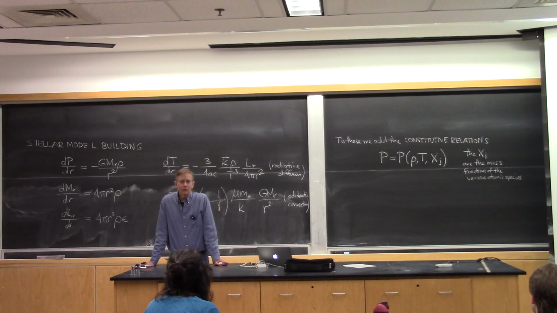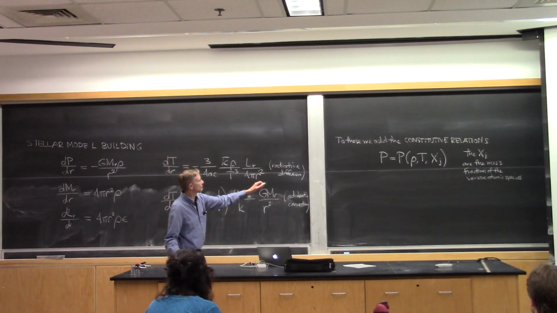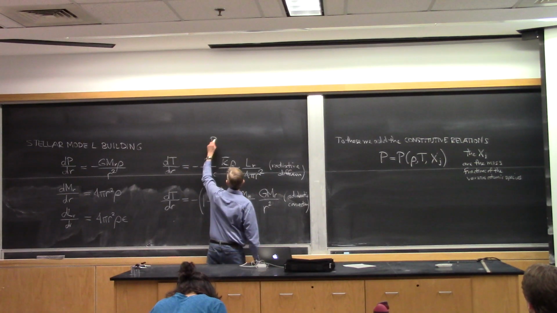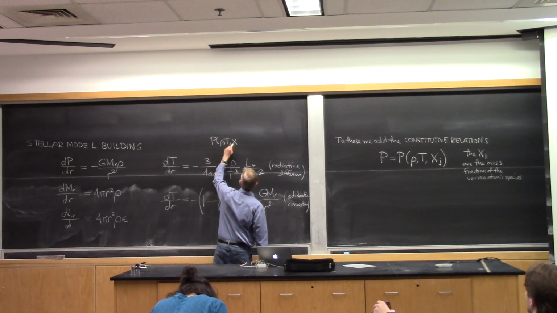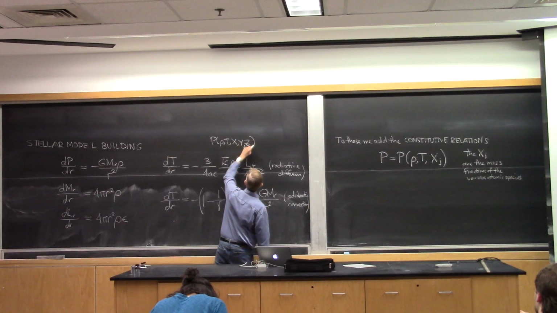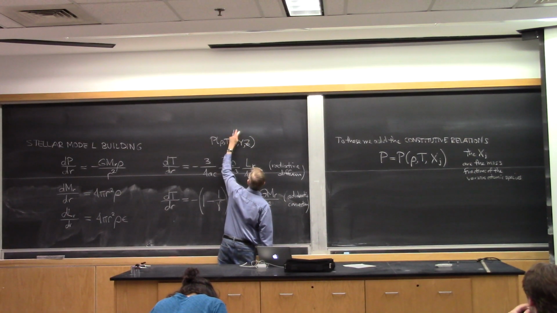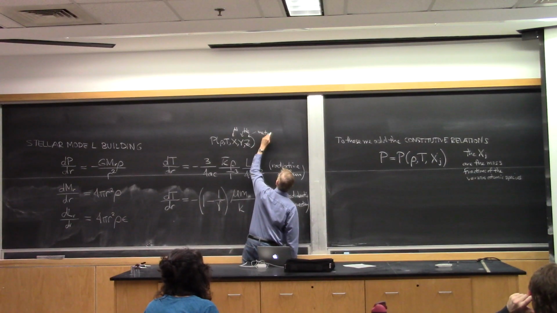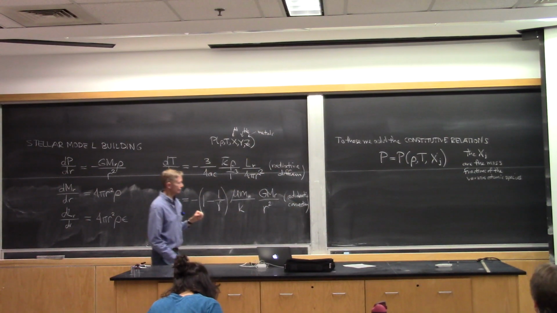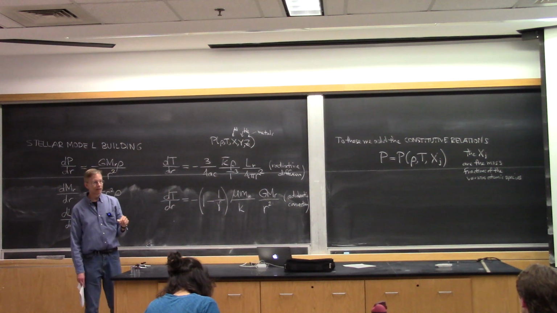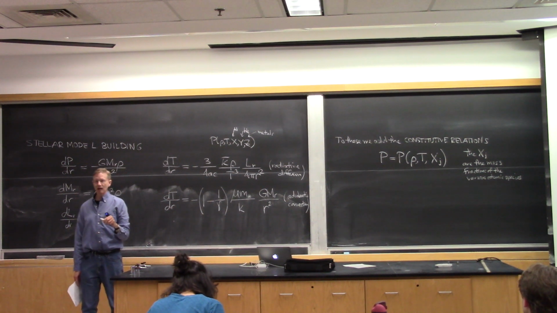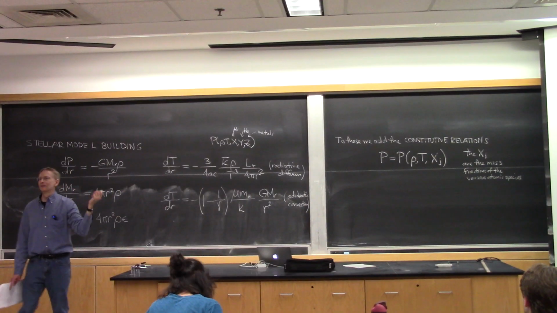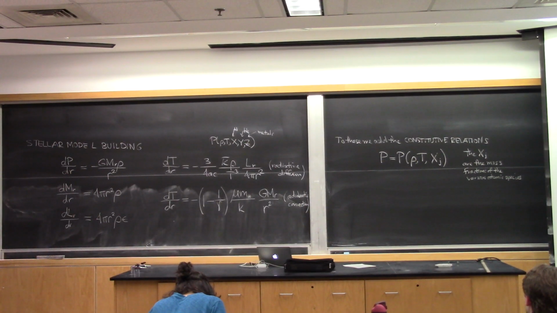So we often simplify that as P of rho, T, X, Y, Z, where X is hydrogen, Y is helium, and Z is everything else, metals. But if we're really fancy, we might even worry about how much praseodymium is there, how much ytterbium is there. But often we just say X, Y, and Z is good enough, just the 3 of them.